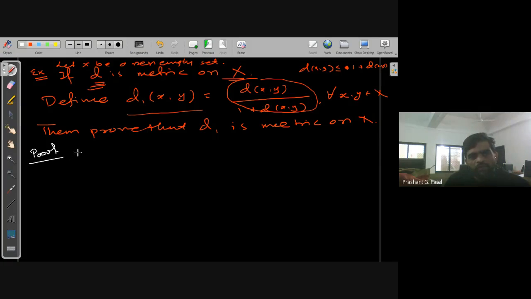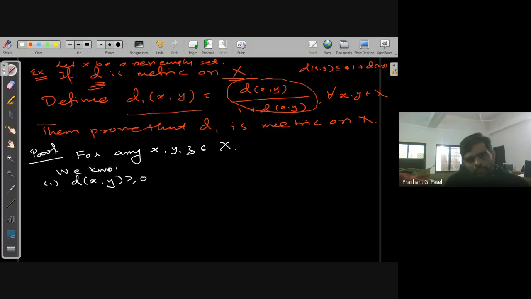So I am starting with any x, y and z belongs to X. For the first property, that is d1 of xy, we know this. Why? Because d is a metric.